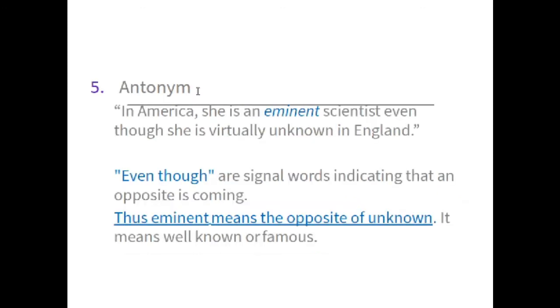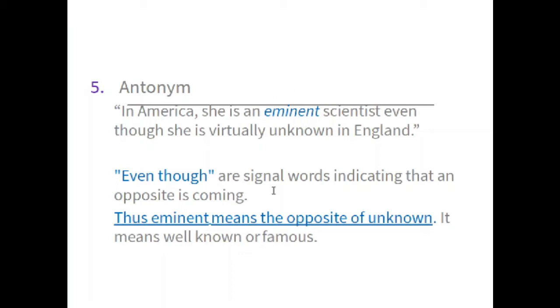Okay, the last type of context clues is antonym. So take a look at the example here. In America, she is an eminent scientist, even though she is virtually unknown in England. So you can see the words even though in the sentence are the signal words indicating that an opposite is coming.